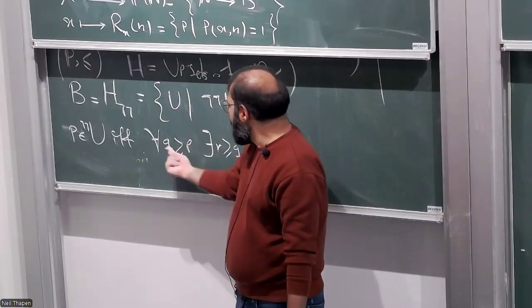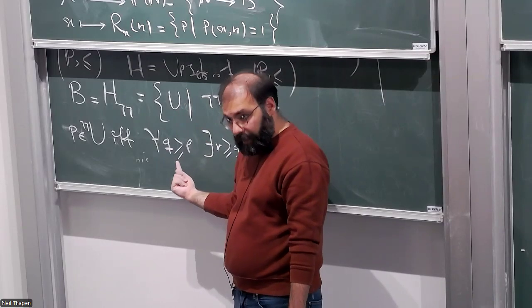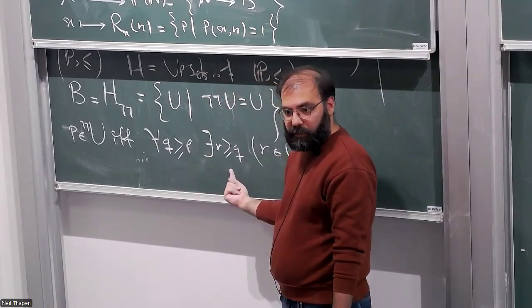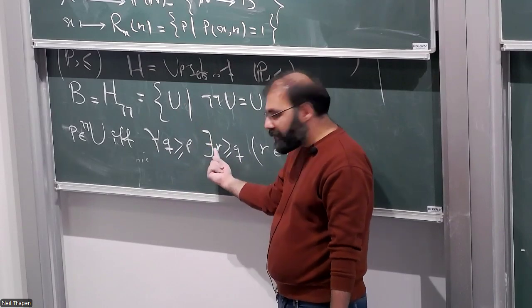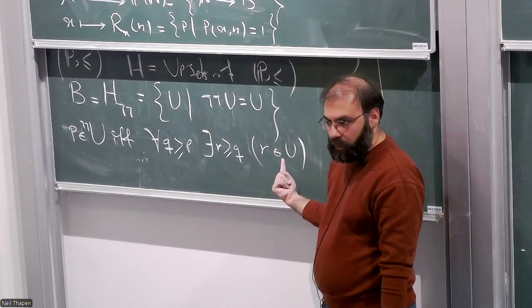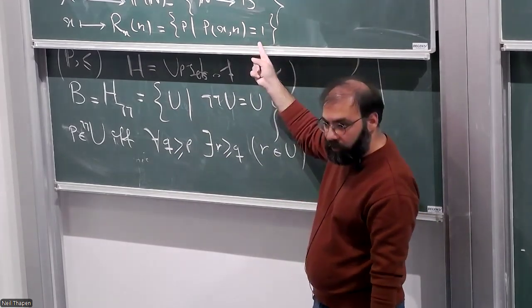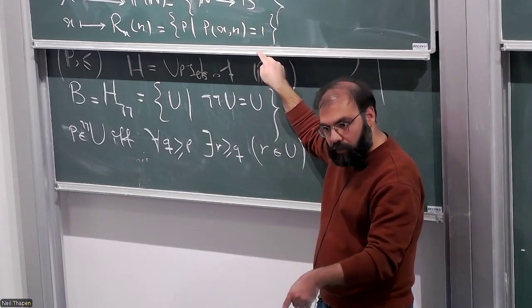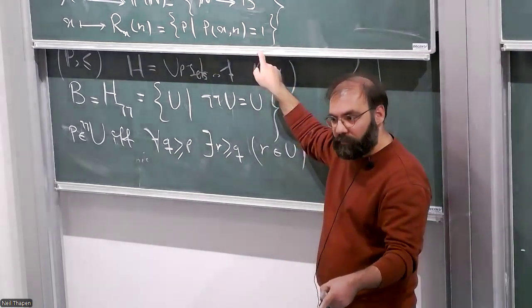If it is 0, for any Q after that, it remains 0. And of course, for any R after that, it is 0. And I can find some R such that it gets 1. That's a contradiction. So if you decide to force to 0, then you cannot change it to 1. Never.